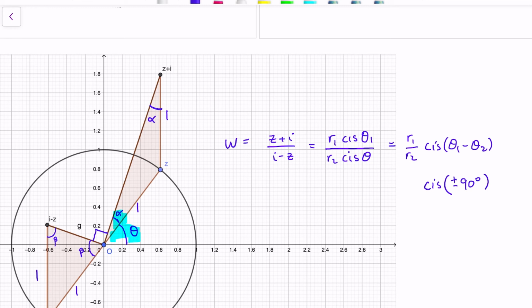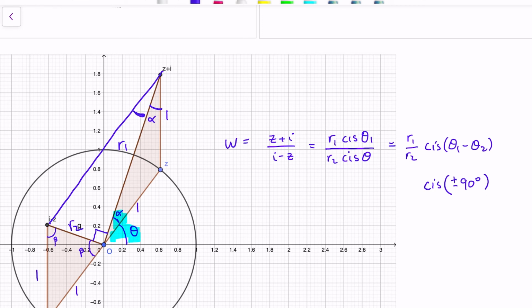And then the r1 over r2, well, r1, the modulus of z plus i is this length, and r2 is that length. And if I really wanted to know the value of it, I would have to use trigonometry and make a right angle triangle there, and r2 over r1 is the tan of this angle up there.